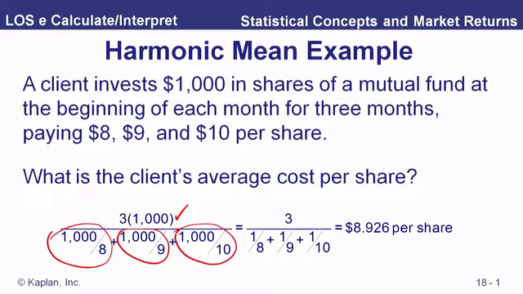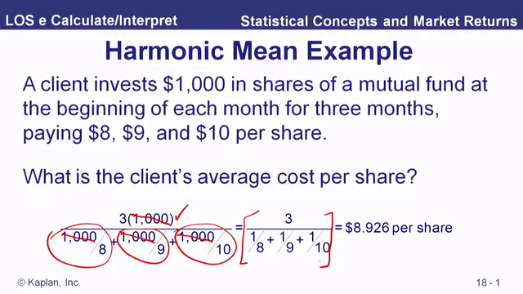So in the denominator, we've got the total number of shares purchased. And in the numerator, we've got the total amount of dollars we spent. So that's got to give us the average cost per share. Now, through a little algebra magic, since that 1,000 appears in the numerator and everywhere in the denominator, we can take that out. We can just get rid of that and say, well, that equals this right here.